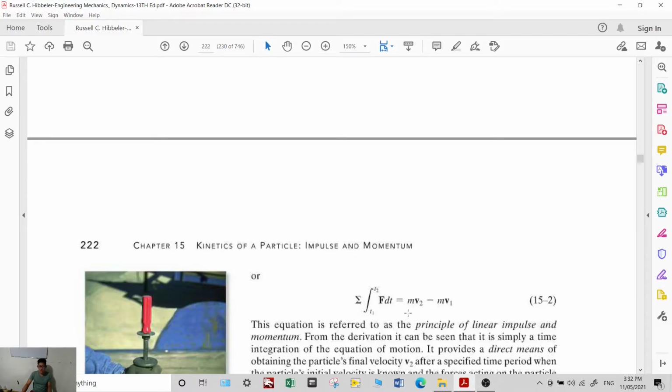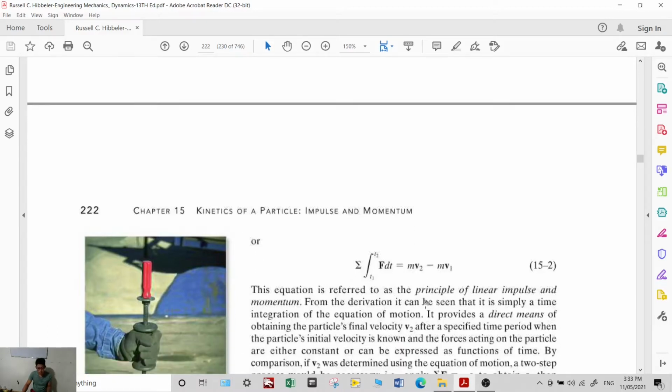Now, this term mv2, mass times velocity, is what we call the momentum. Okay? This is a vector, and since the mass is scalar, the direction of your momentum is the same as your velocity.